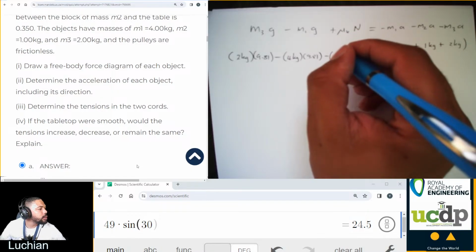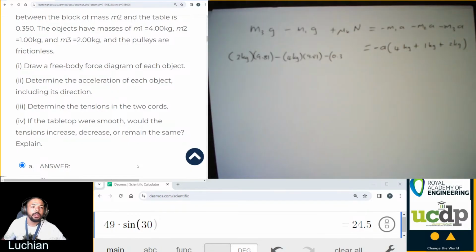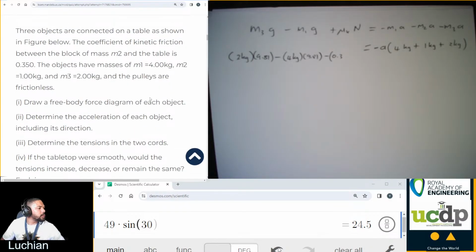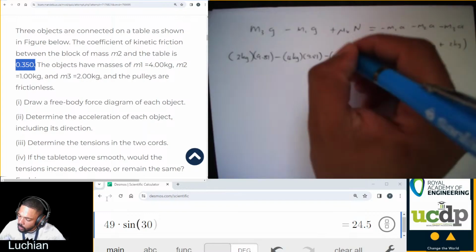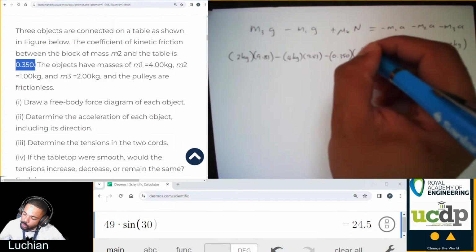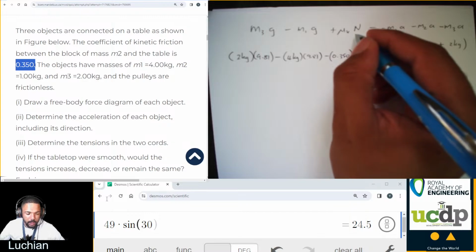What is the coefficient of friction they gave us? Scroll down. They gave us that the kinetic friction between the blocks and the table is 0.350, multiplied by its weight. The normal force is equal to the weight.